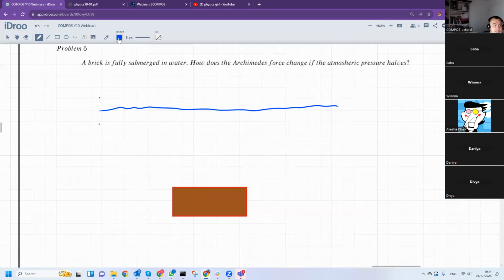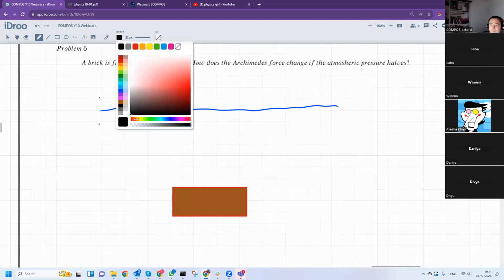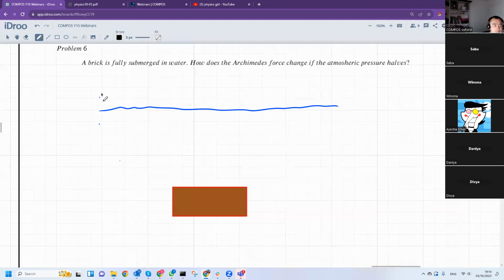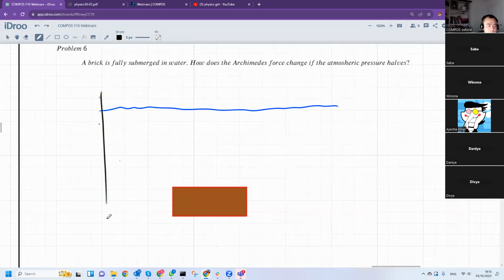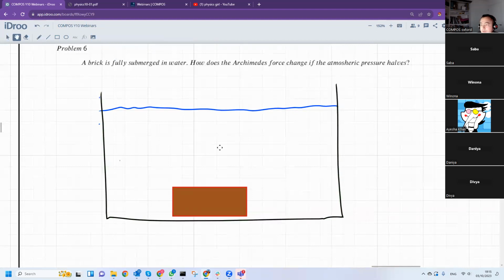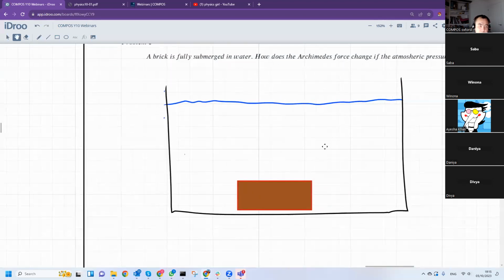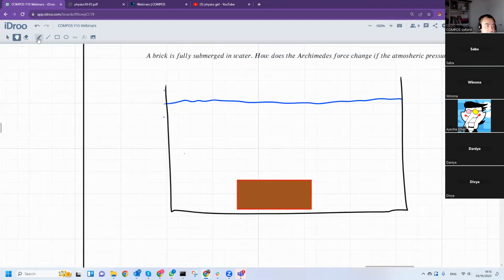So a brick is submerged in water. Upthrust would decrease. So how does that work?